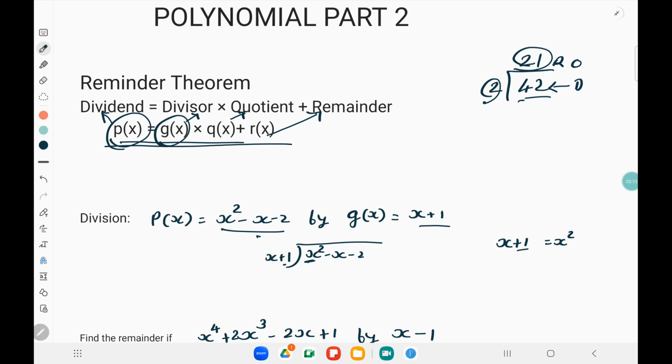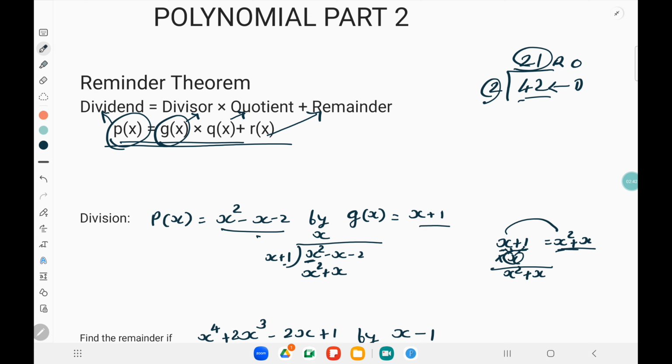Of course we get one more term, but we are focusing only on the first term. So to get x square, x times what gives x square? Of course times x, right? So x times x is x square, and x times 1 is x. So we got these. We multiply by x, so the quotient is x, and x square plus x.